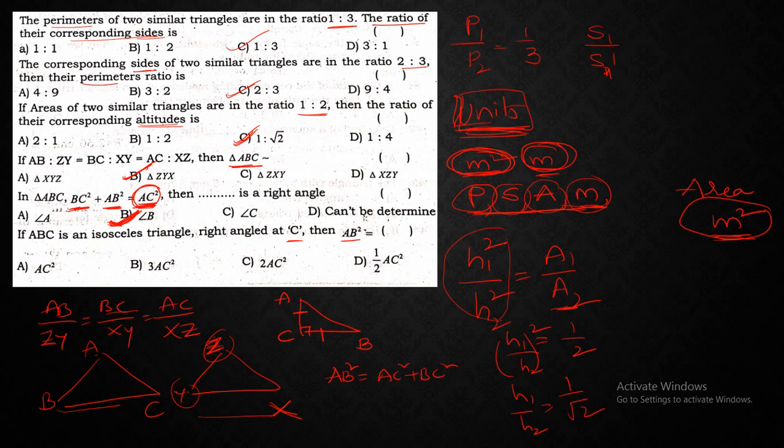We already know BC is equal to AC, so I can replace BC square with AC square. So AC square plus AC square is 2 times AC square. This can also be written as 2 times BC square. Since the options are given in AC, we consider 2 times AC square. If the answer is asked in BC square, then 2 BC square is also the answer.